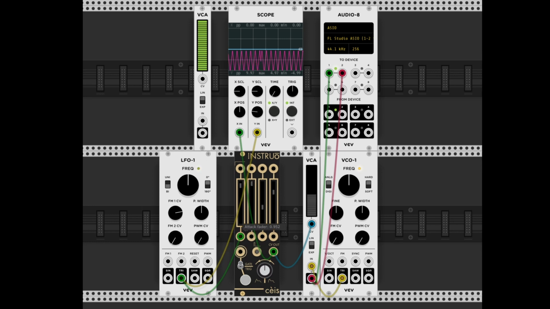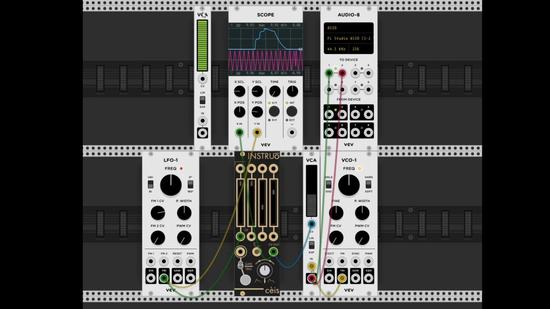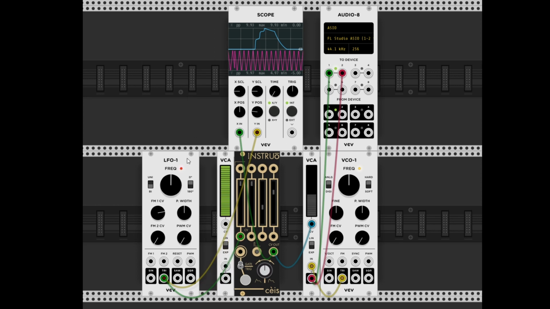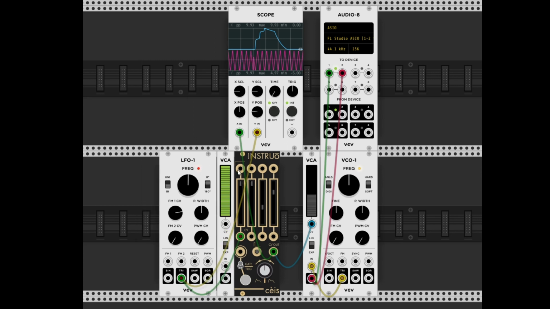When I increase it again, the attack time doesn't go to 0, but is changed by the LFO. Yeah, and this is exactly what I'm going to use this VCA for, because I want to be able to modulate the attack time even with lower attack offsets.